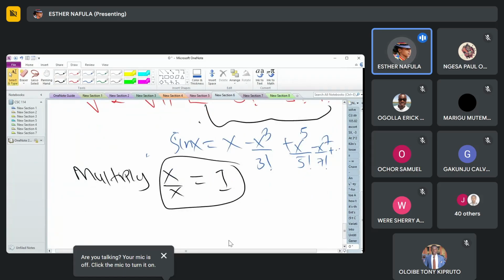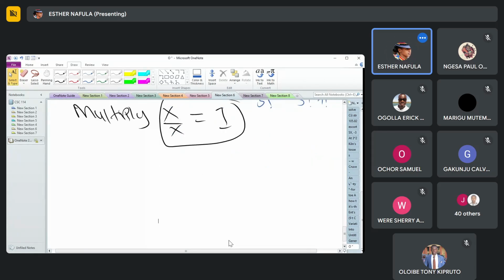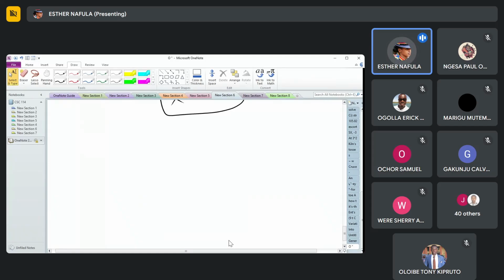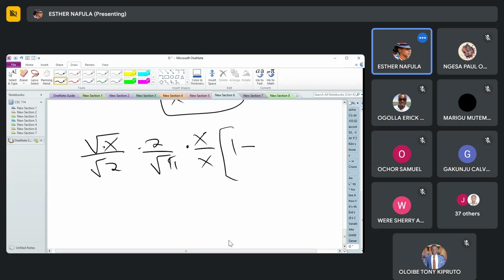So the x in the numerator, you distribute it to the power series inside the brackets. We have root x divided by root 2 times 2 divided by root pi. Then we multiply this by x over x, into brackets 1 minus x squared over 3 factorial plus x power 4 divided by 5 factorial minus x power 6 divided by 7 factorial, and so on.